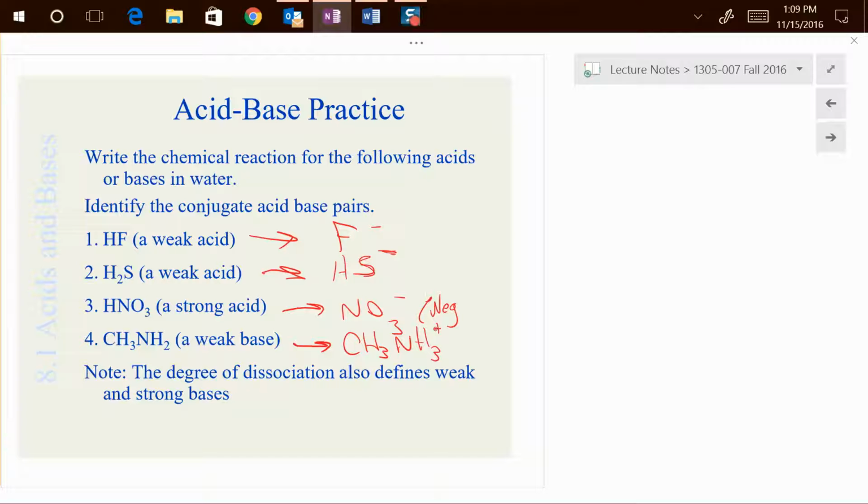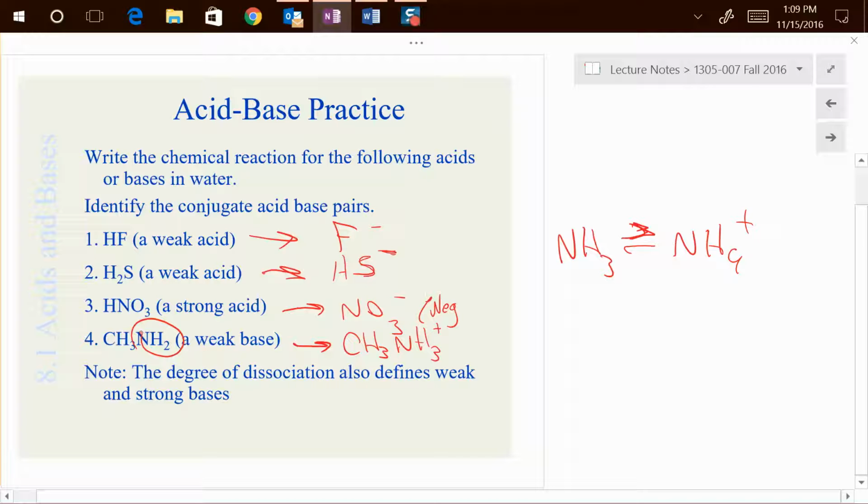So it will become NH3 plus. Is there a reason that the hydrogen gets added at the end instead of on the CH3? Yes, the carbon will not accept any more hydrogens. The nitrogen, though, has the ability to do that, like NH3 becomes NH4 plus. So it gets added to the nitrogen group that can accept that extra hydrogen. The carbon won't do that. It won't accept anything else.